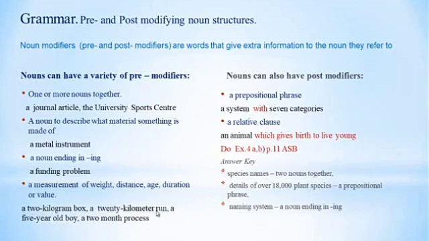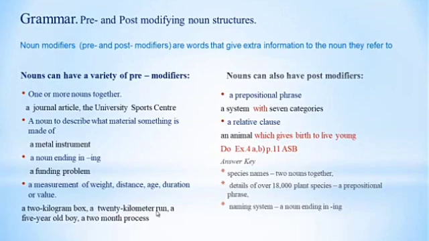Nouns can also have post-modifiers: a prepositional phrase, a system with 7 categories, where with is a preposition; a relative clause, an animal which gives birth to live young, where which gives birth to live young is a relative clause.